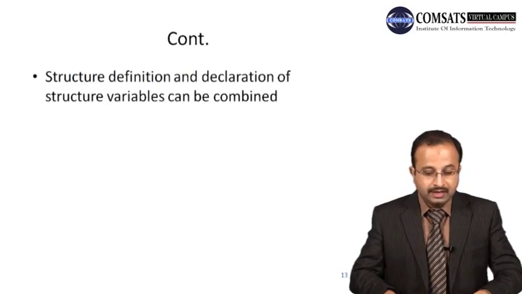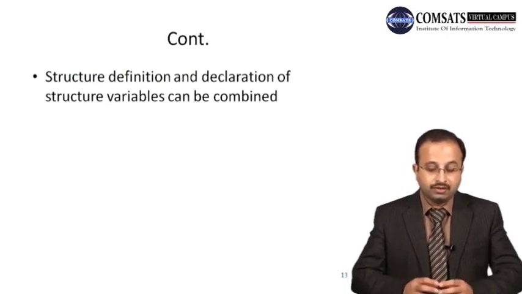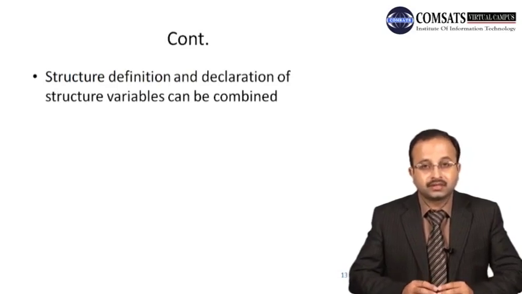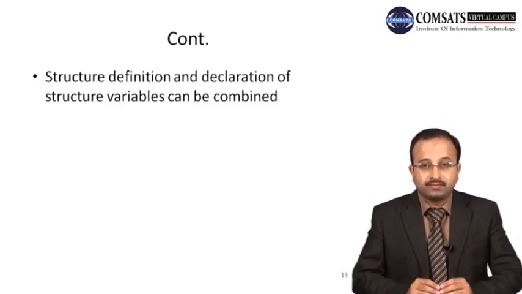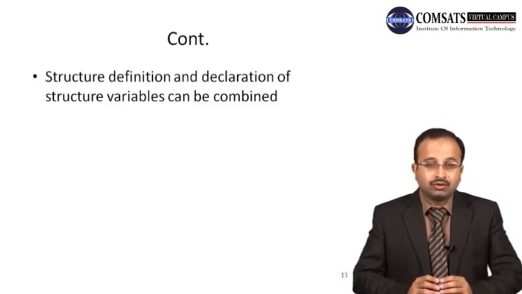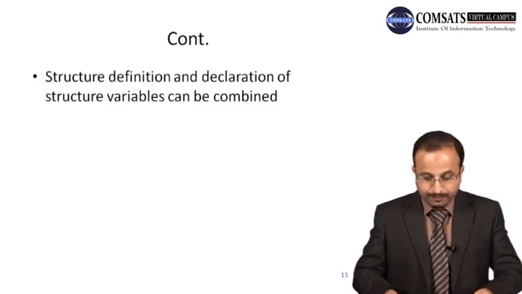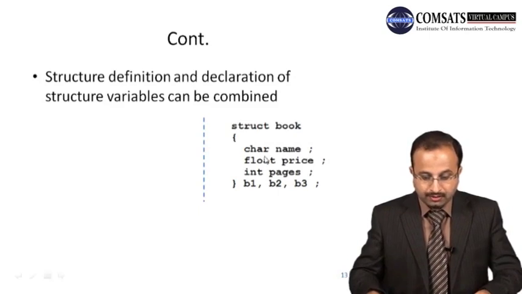Structure definition and declaration of structure variable can be combined. You can combine the definition and the declaration, but when you write it in combined form, then you have to provide the definition before the declaration. So you write the definition.